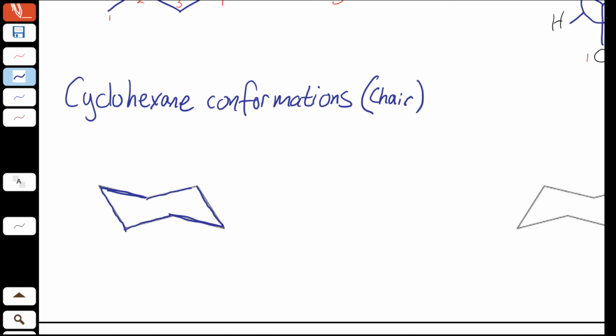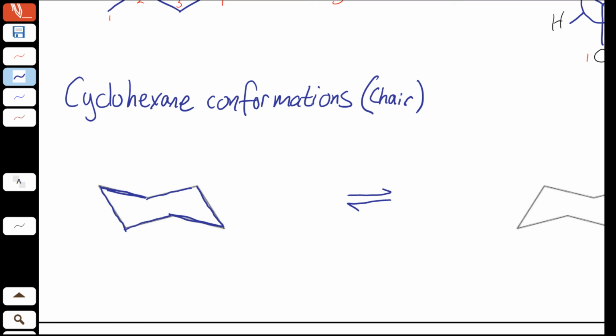So going from left to right is actually a conformational change. We call it a chair flip, but it really is something that is happening in these molecules. They can flip from one conformation to the other via bond rotation.